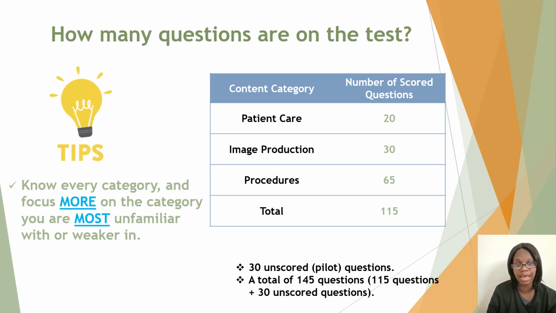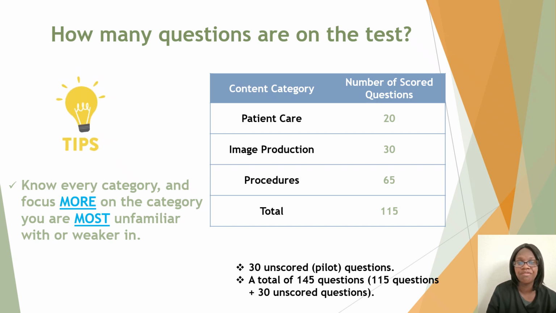So some tips that I have: you must know every category, especially patient care. Patient care is one of those things where people say, oh, I know patient care, I do great on it, and they do not study. But if you don't study patient care, it can actually be the hardest category on your exam.